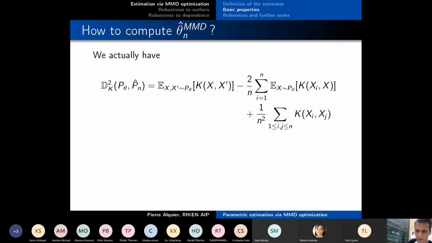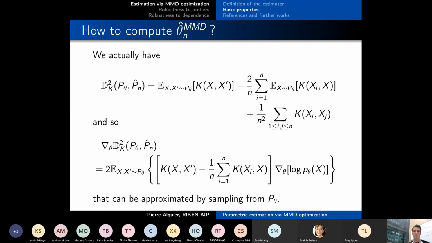And actually in practice, what we did is that we wrote conditions on the model P_theta. So when P_theta has a density, small p_theta, with respect to a measure, for example, Lebesgue measure, and that you have some differentiability assumptions on this p_theta.